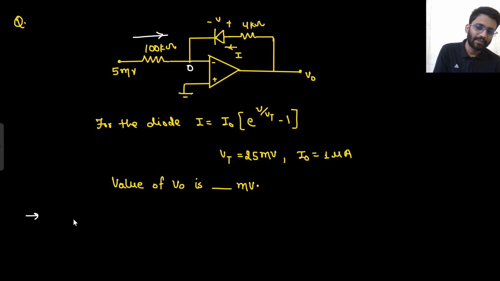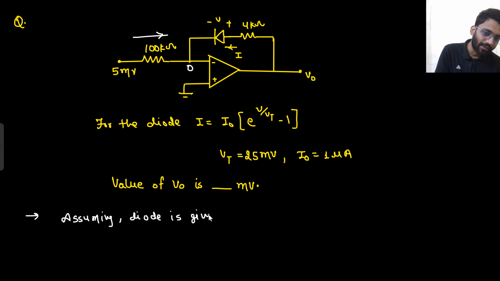So what is the first assumption that I have made? Current, try writing the current on your own. Here I am writing the assumption. Assuming diode is giving me some finite voltage. If it is giving me finite voltage, negative feedback is present.